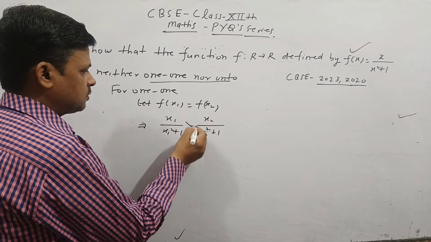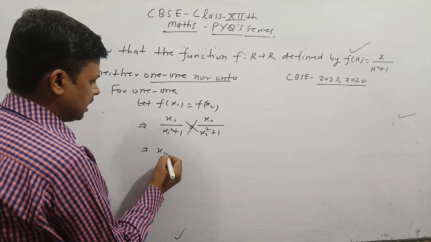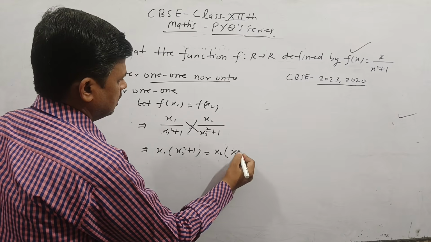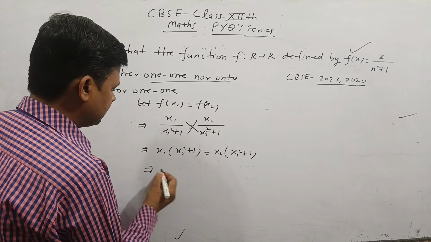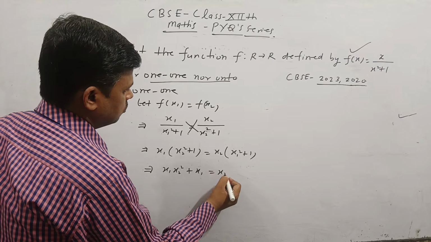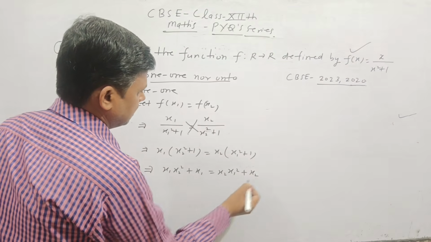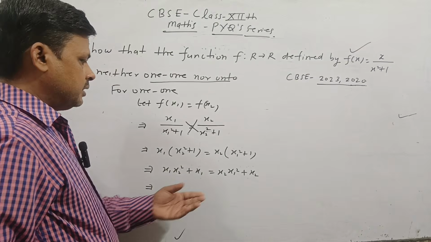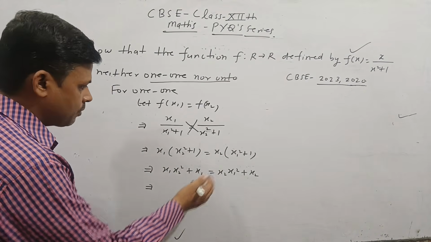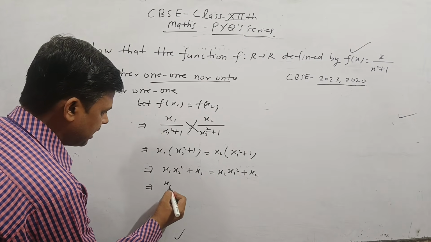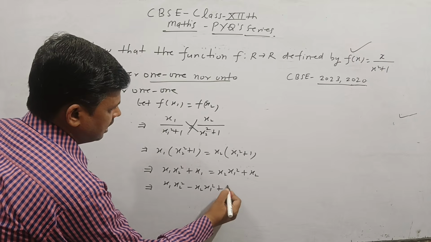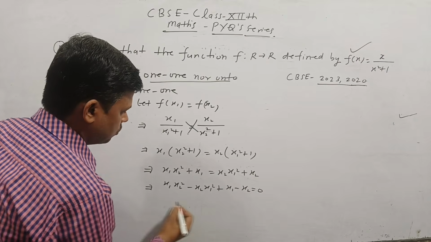Now we have to cross multiply it and we will get x1(x2 square plus 1) = x2(x1 square plus 1). We will write it in this way: x1 x2 square plus x1 is equal to x2 x1 square plus x2. Then transfer these terms from right hand side to left hand side, and we will get x1 x2 square minus x2 x1 square plus x1 minus x2 is equal to 0.